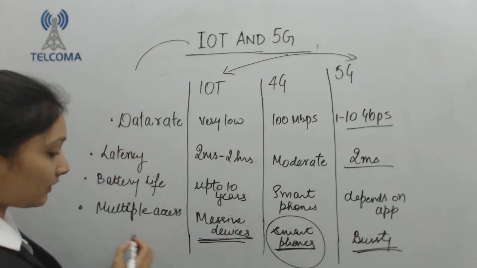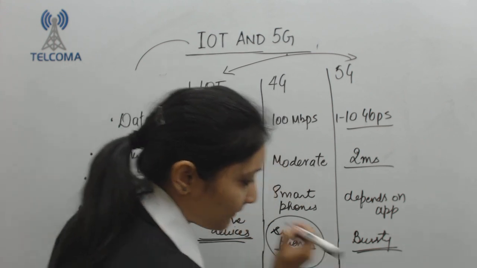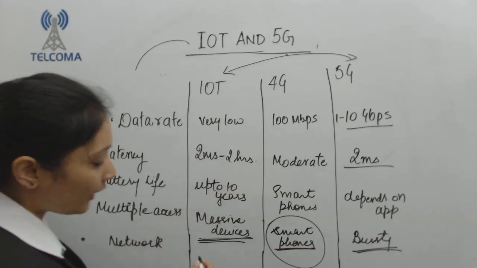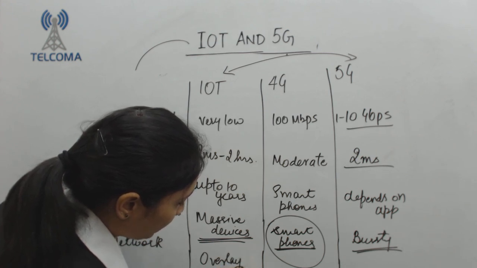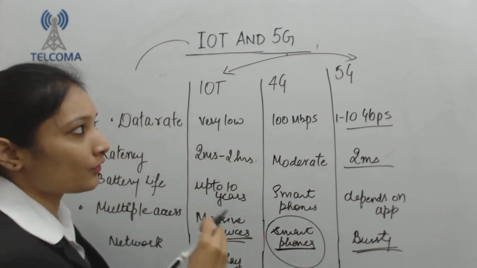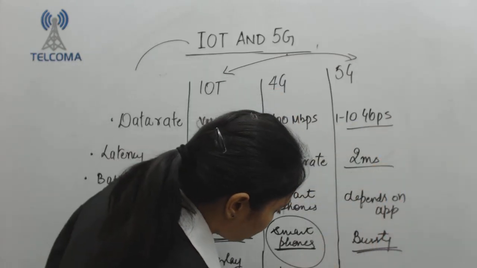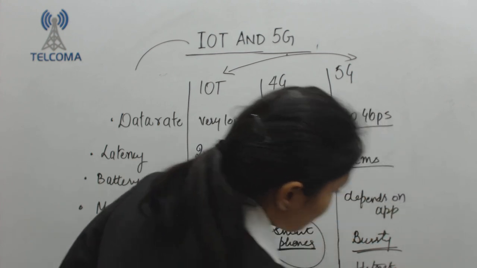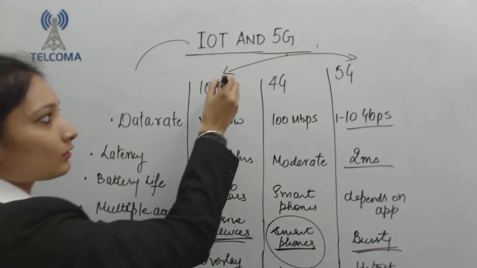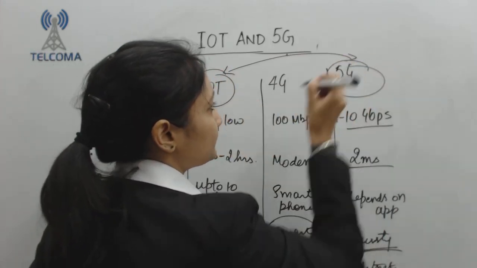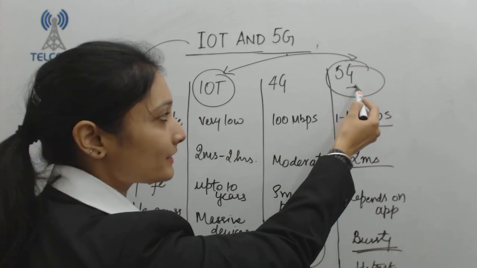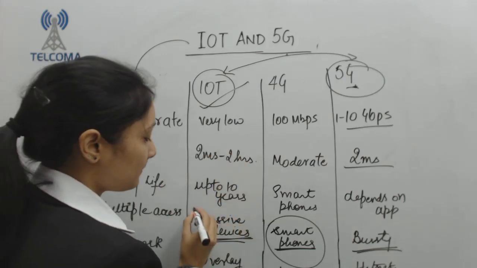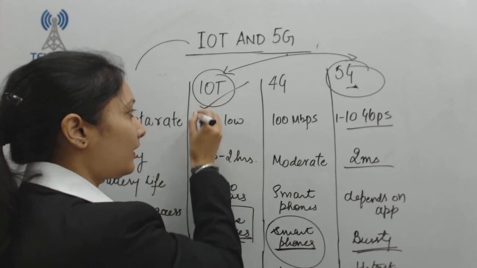Now after that, another parameter, the network support. IoT is basically an overlay network. That means it is built on other networks. Now 4G and 5G are basically your HetNets, heterogeneous networks. This is supposed to act as a key driver for your Internet of Things, because the demand in terms of number of devices is low.